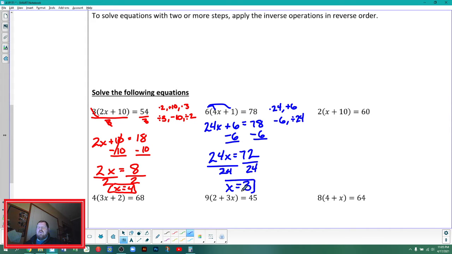Okay. Now you'll notice that this section is titled Distribute and Solve. But I really don't care which way you decide to do that. Whether you decide to distribute, like we did here, or if you want to undo everything that's happening like we did here, either way is perfectly fine.